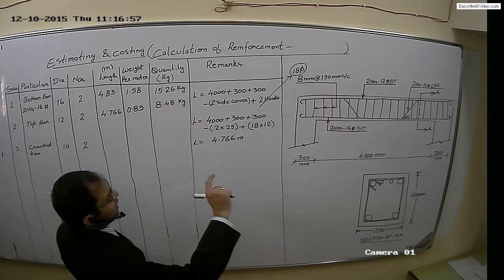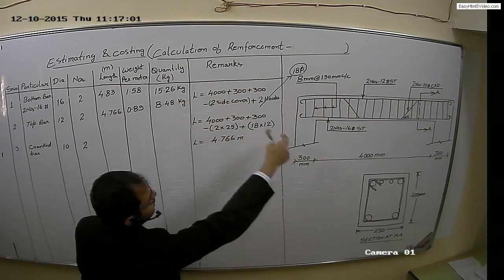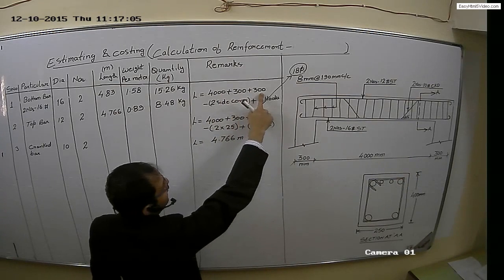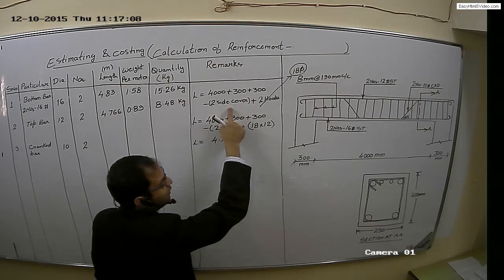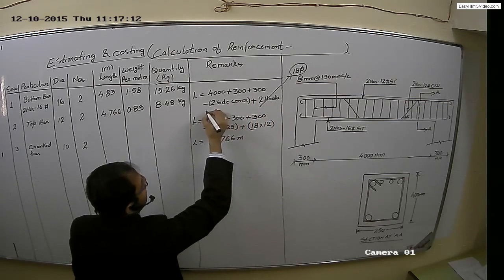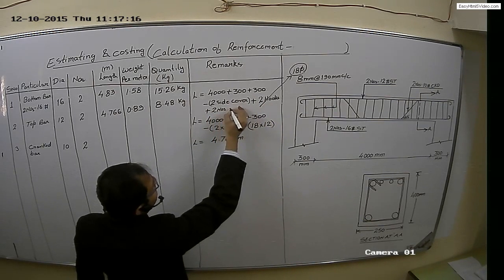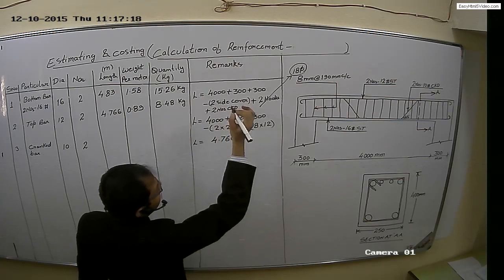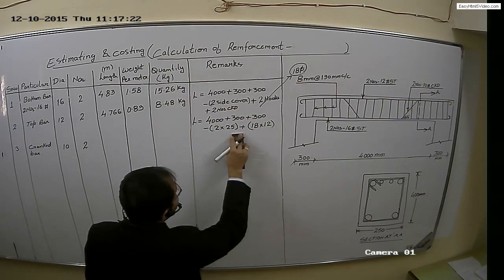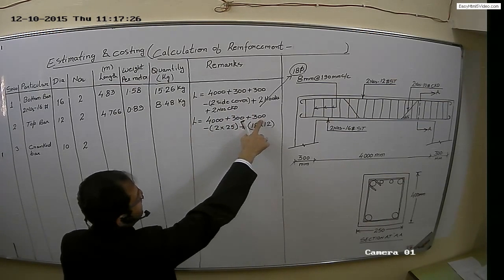Now we will calculate the length of the crank bar. Distance will be 4000, clear distance 4000, we'll add support of 300 plus 300. There will be two side covers, there will be two hooks. Apart from that, we'll have to add two cranks. So here 4000 is okay, 300 is okay.